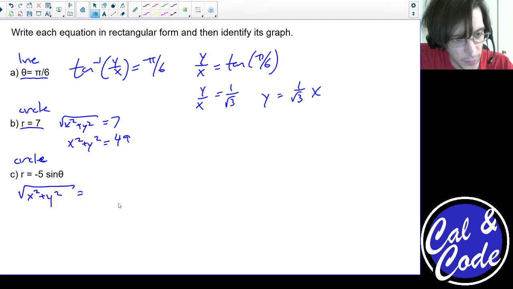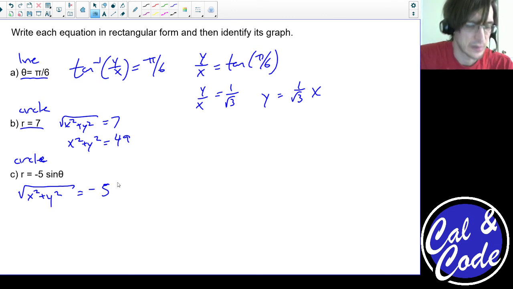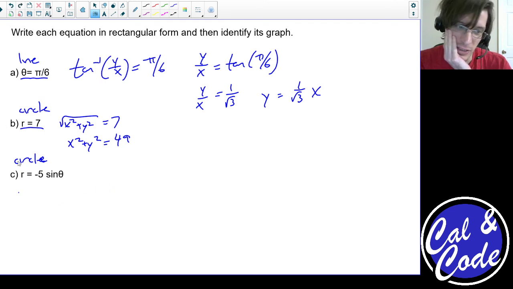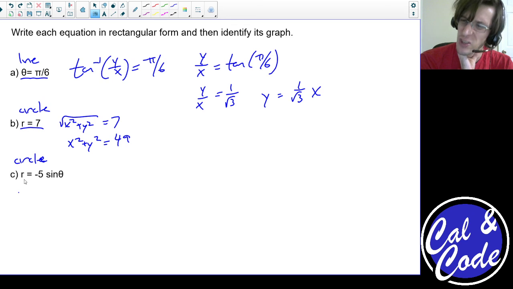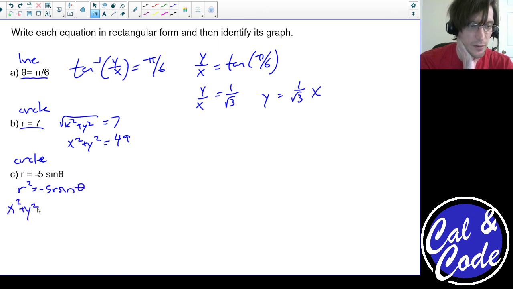I can come in here and replace sine of theta. Ooh. Geez. You know what? I don't have something that's just sine theta. I have something that says r sine theta. Man, if only there were an r there, right? Well, what if I multiply this equation both sides by r, so I get r squared is equal to negative 5r sine theta. This would tell me that r squared is x squared plus y squared, and r sine theta right here is y. So that gives me x squared plus y squared is equal to negative 5y.